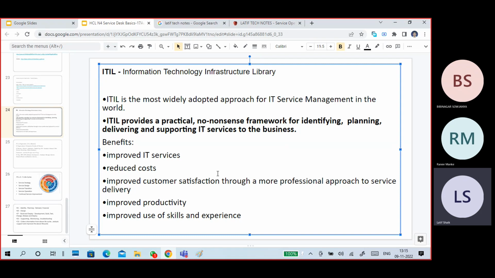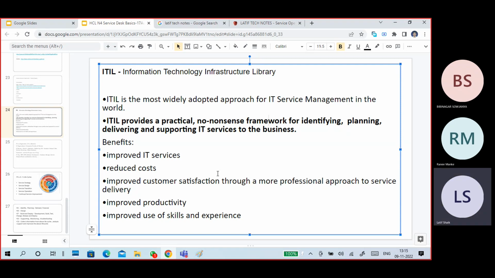So it is like identifying the customers, their demand properly and plan and give the delivery. Any issues are there, give the support. That improves your IT services for customers. It reduces the cost in an industry or organization; unnecessary cost expenditure will be reduced.